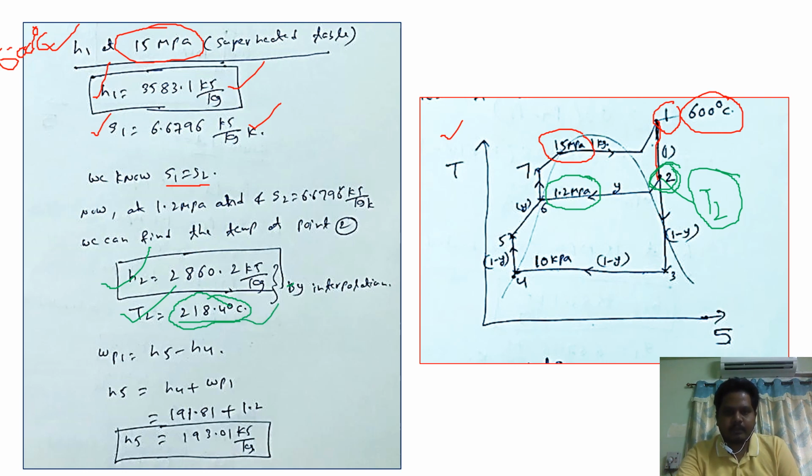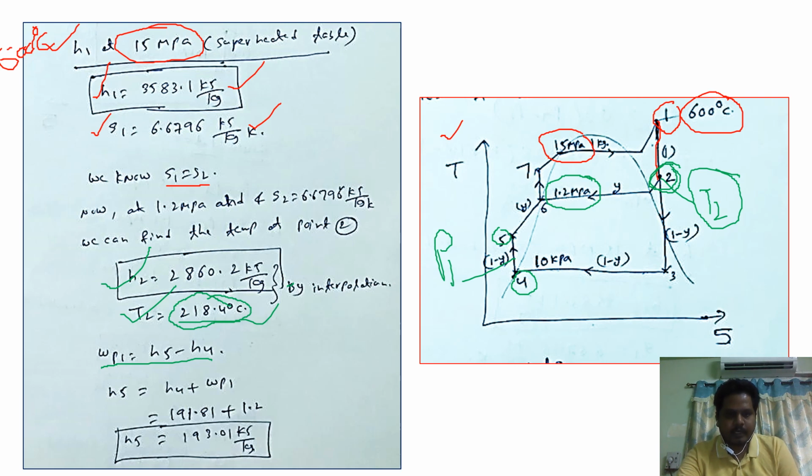Now let us find the value H5, enthalpy at point 5. Here process 4 to 5 is the isentropic compression process in pump P1. So we can write the work done by pump P1 equals, since the process is 4 to 5, H5 minus H4.